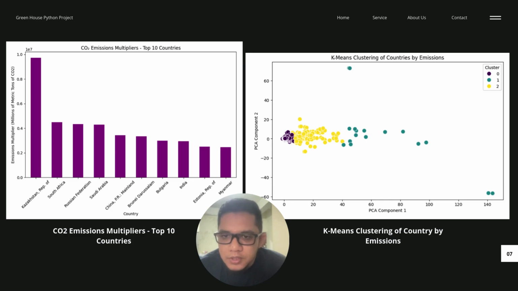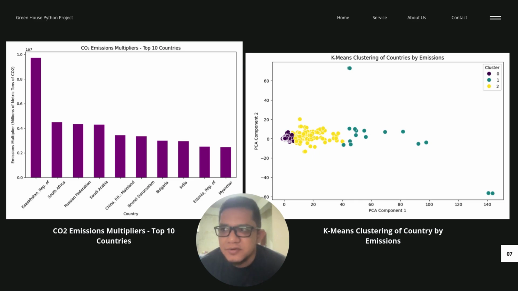Now we talk about the top 10 countries with the highest CO2 emission multipliers. Based on the chart, we can see that Kazakhstan has the highest rank with emissions of over 10 million metric tons, significantly higher than any other country on the list, which is due to its coal-based energy industry and heavy industry sector.